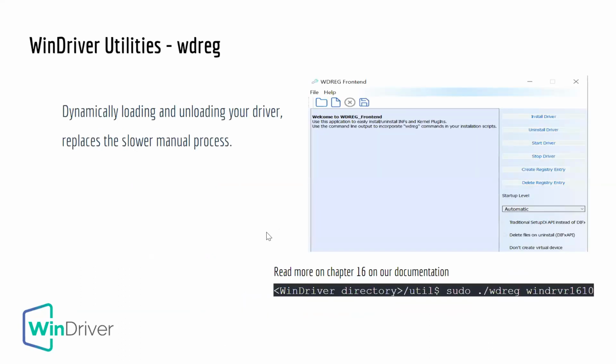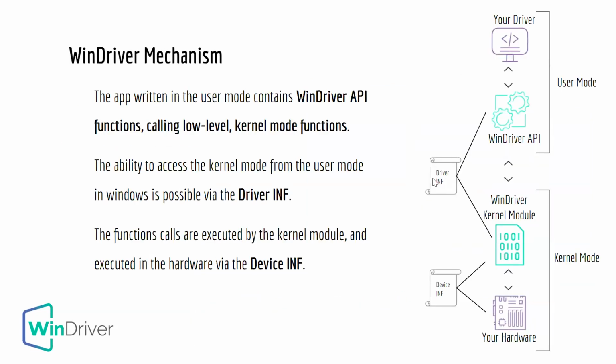So what happens if the kernel module is not loaded? Okay, so as we saw here, in Windows, we need to have the driver INF, which by default is the WinDriver driver, and we have the device INF, which is generated on the wizard for each device and each project.